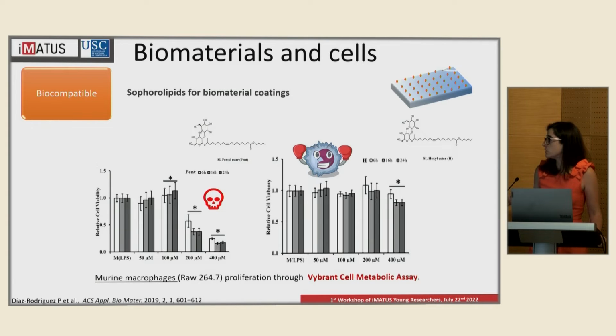Even though they look quite similar, one has a hexyl chain and the other one a pentyl chain, so it's not such a big change from the chemical point of view. What we saw is that one of them was actually lethal at high concentration. So from this, we could select our initial starting point.